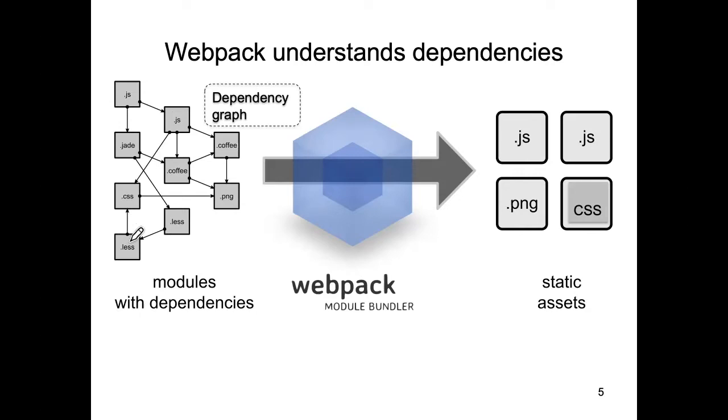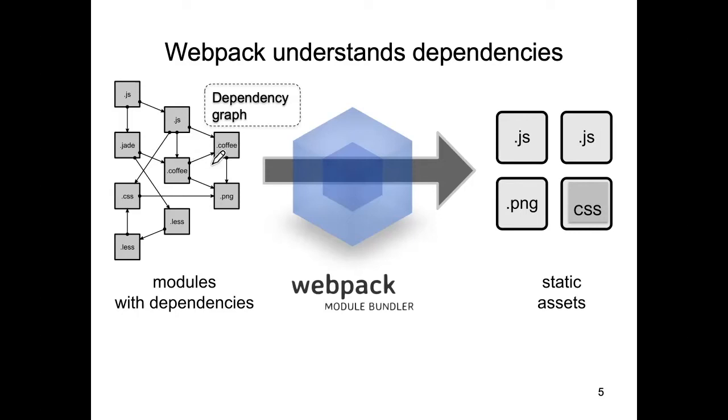Less is another form, a kind of a more abstract form of CSS, or a higher level form of CSS. And we've got an image file, it seems like here as well. So our application, our source code, if you like, is a mixture of different types of source code files, but there is, again, a dependency hierarchy relationship.